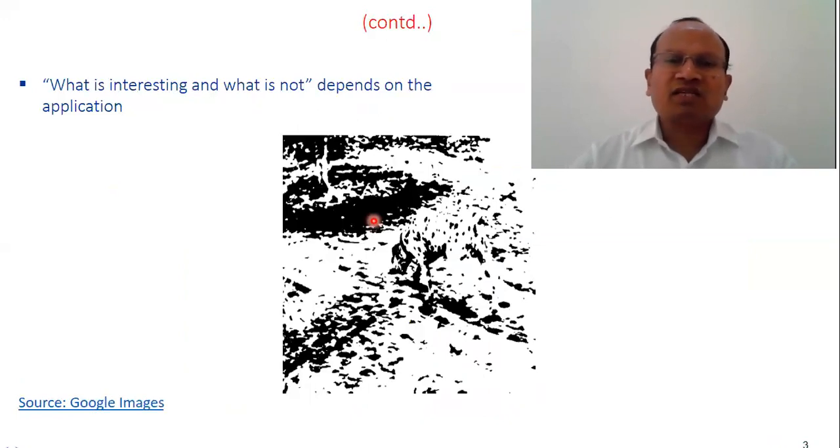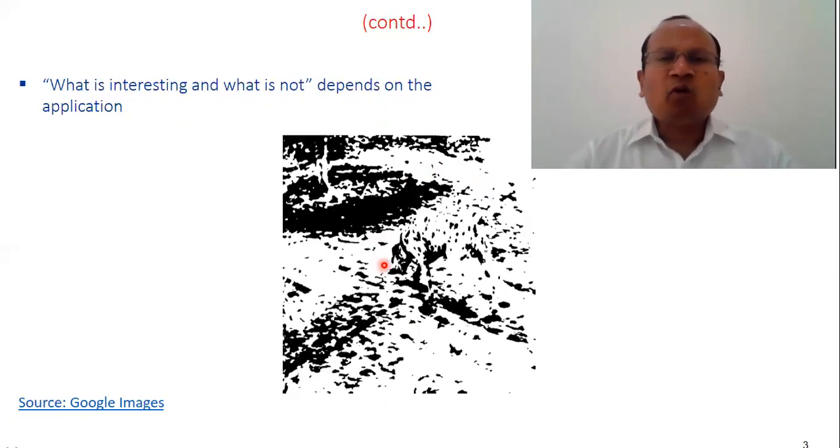See here, there is one image. What does this image contain? We do not know. When we really want to understand different parts of the image, this is very complex, but for any type of image which we want to analyze, which we want to interpret, we have to understand it.